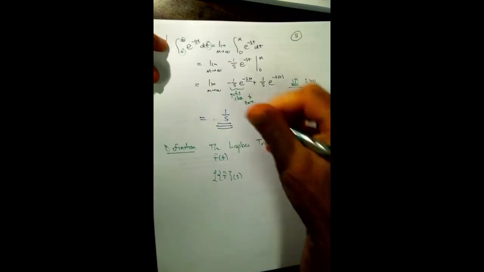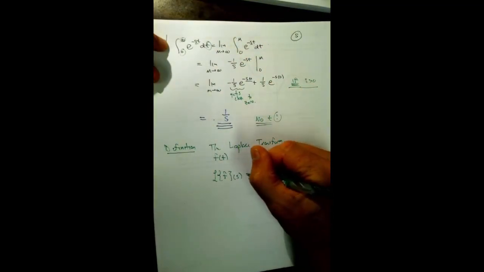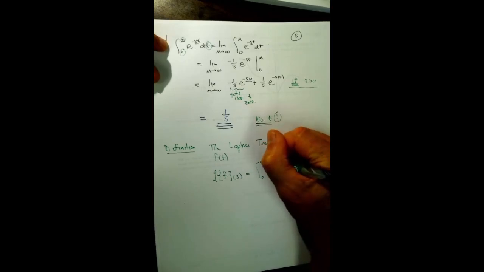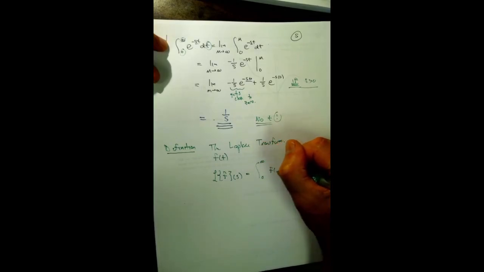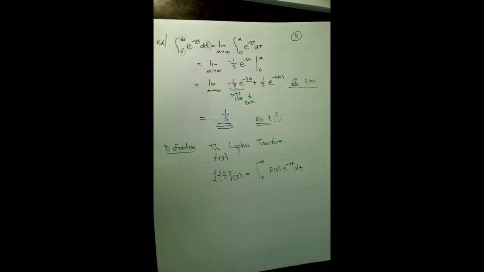This is going to be a function of s because there's going to be a parameter in here. But what we do is take an integral from 0 to infinity of our function times e to the minus st dt. Now I've got to be a little careful.